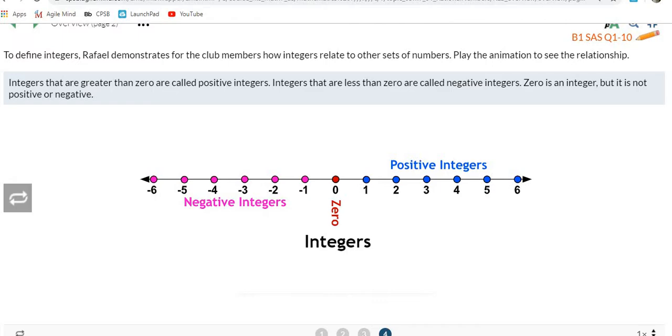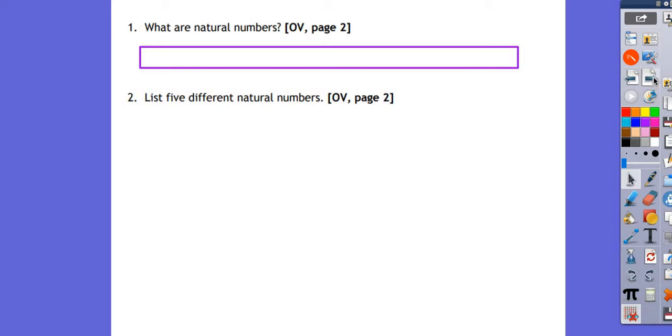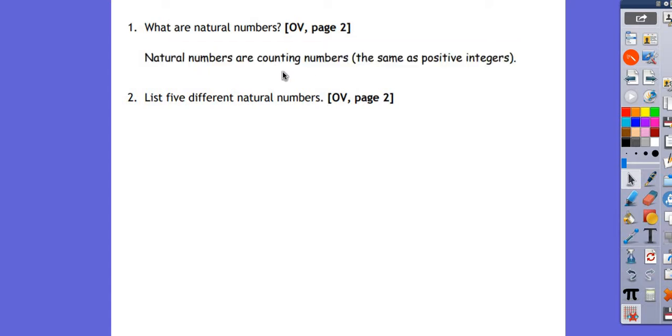Okay, let's go to our workbook and answer some of these questions. Number 1 says, what are natural numbers? Natural numbers are our counting numbers, or the same as positive integers. So counting numbers, same as positive integers.